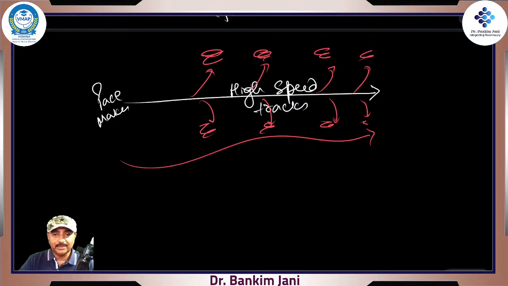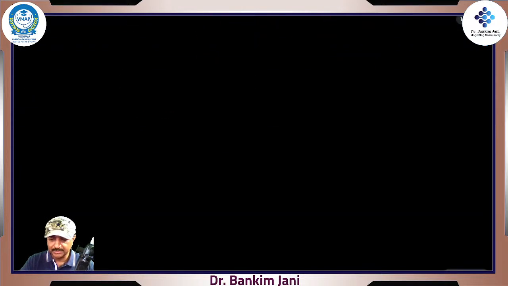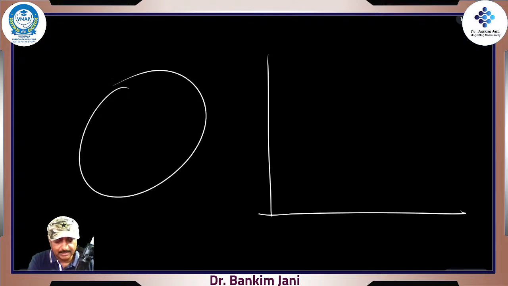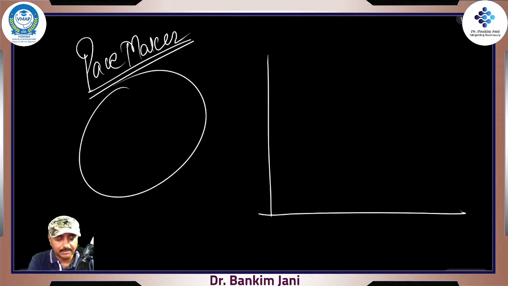So let's start with our first portion, where this cell comes. We take it on the next page, and this time, like last time, we draw the table because it gives us a good idea. And this cell is our pacemaker cell.